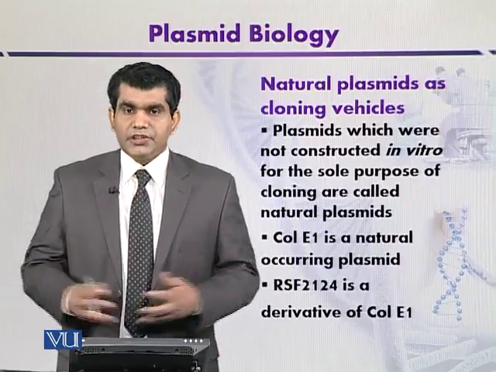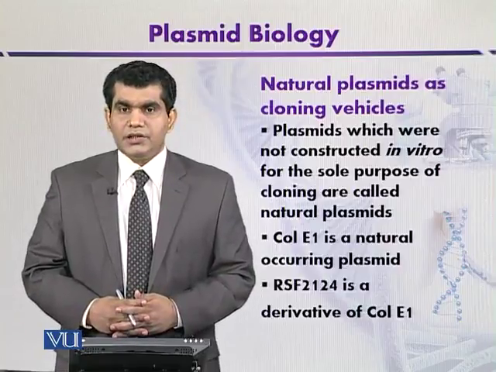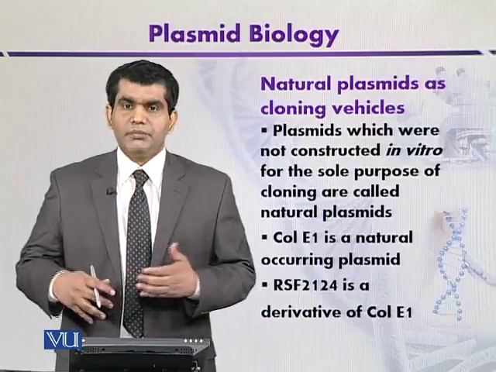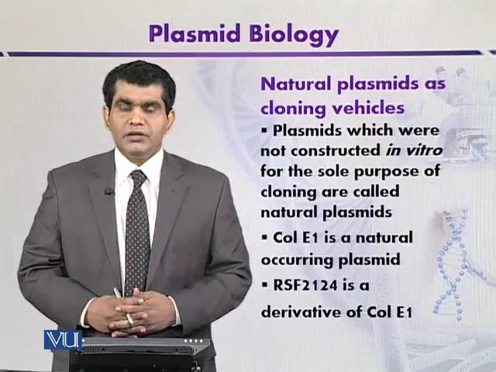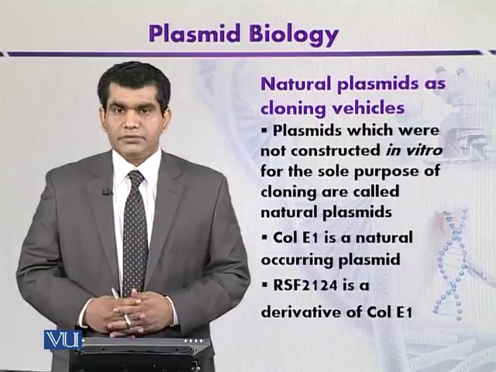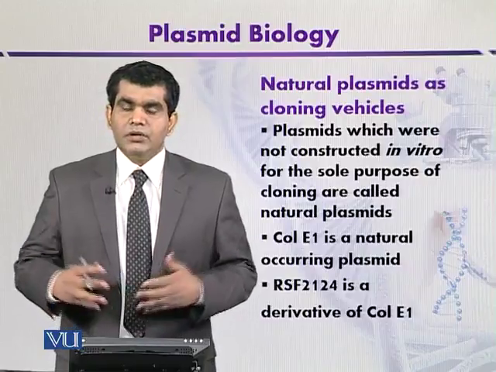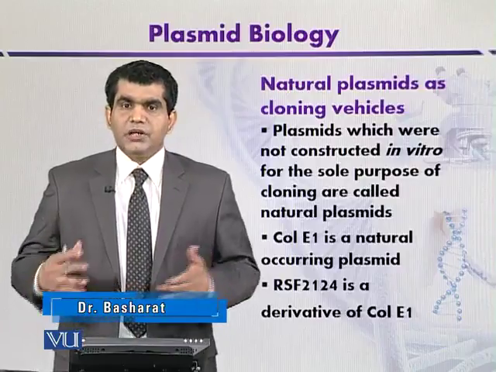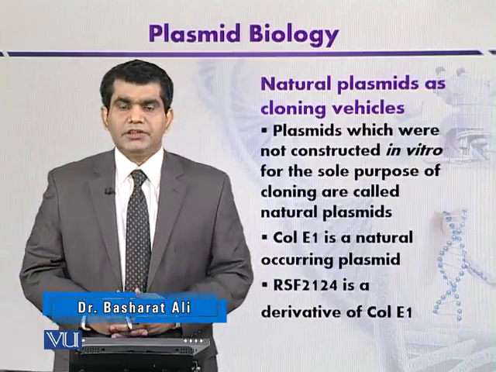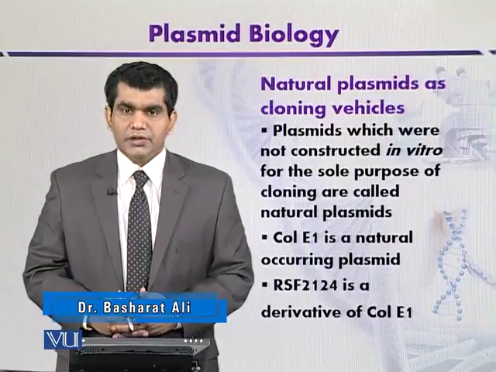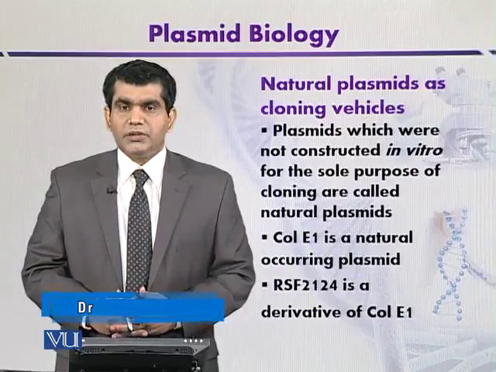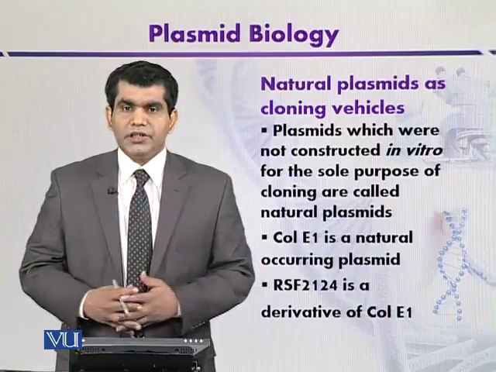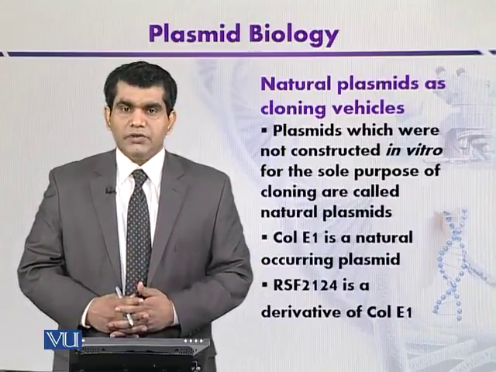It is a natural plasmid and it carries selectable markers for the production of a bacteriocin like colicin E1. Bacteriocin is a proteinaceous toxin and sometimes it can also be categorized under the heading of antibiotics. One example of bacteriocin is colicin E1 that is carried by the col E1 plasmid.